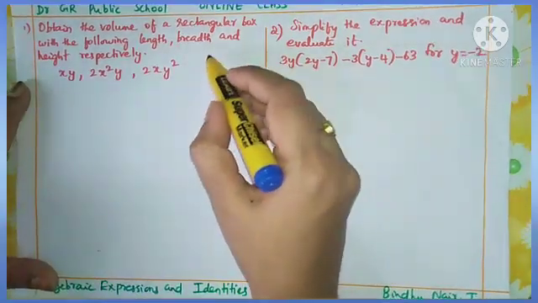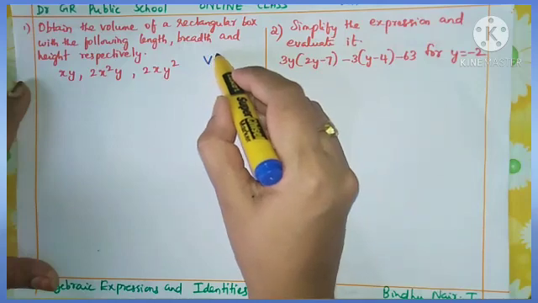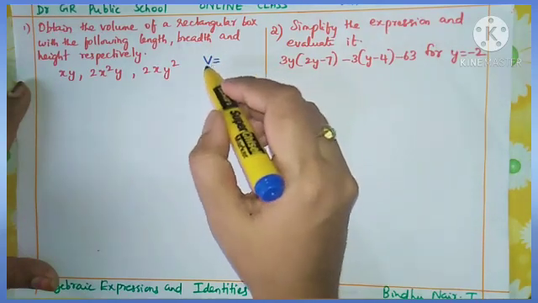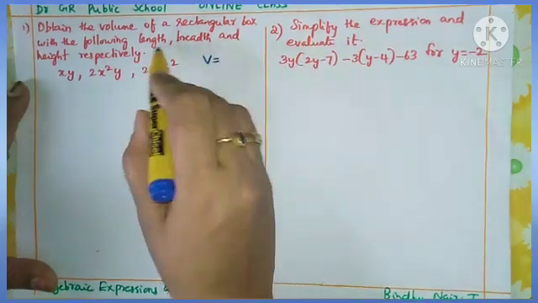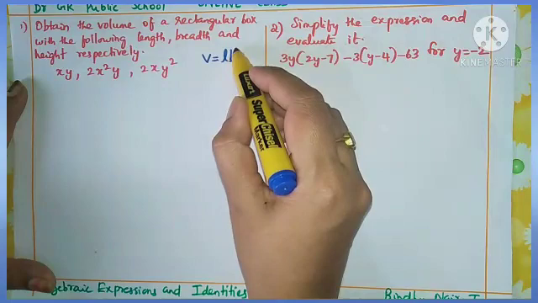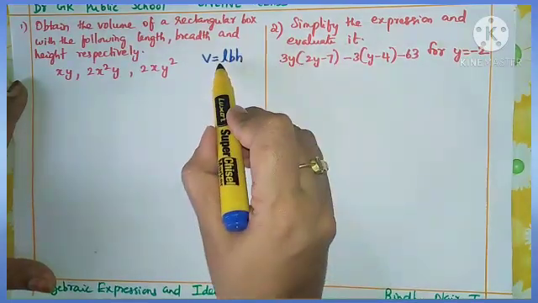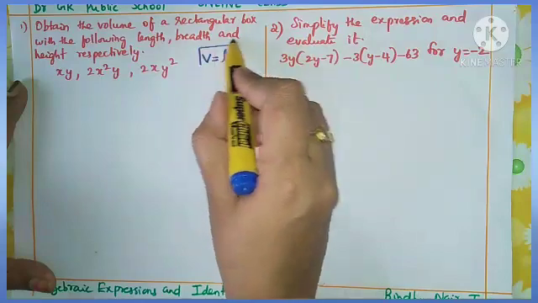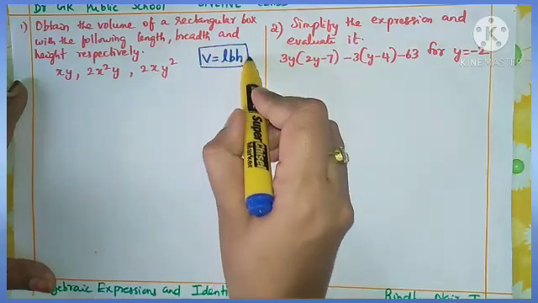And you know children, the volume of a rectangular box means the volume of a cuboid, with 3 dimensions, length, breadth and height. Then what is the volume? LBH, that is L into B into H.